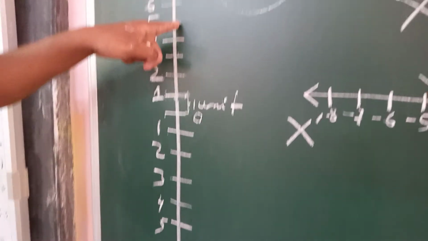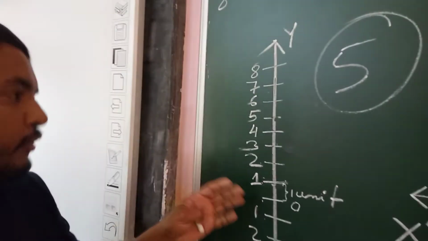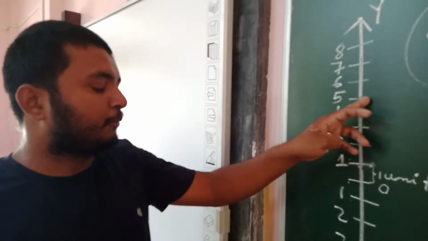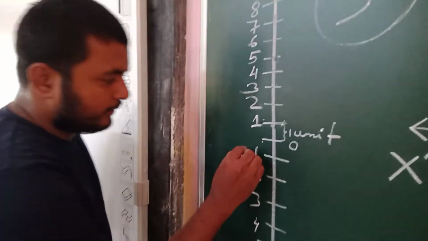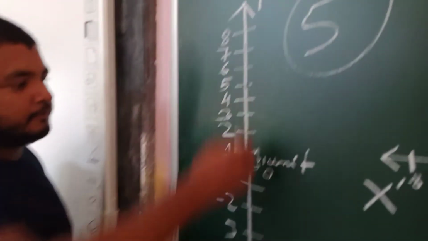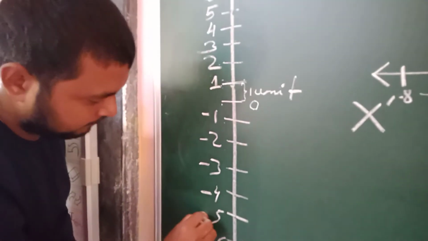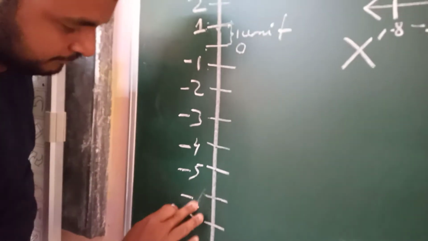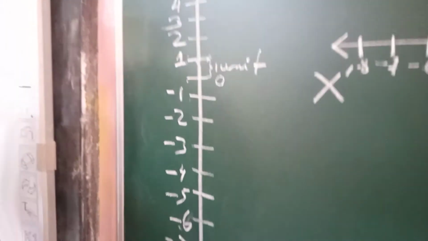Now it is very much difficult to differentiate. So to differentiate between this point and this point, we use minus here. Here top side we write plus and bottom side we write minus.